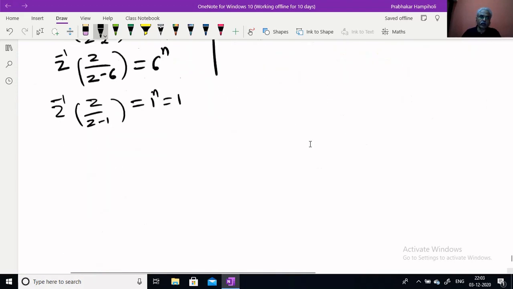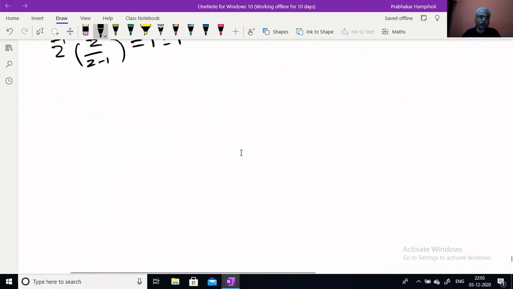Along with this, we had some more list of formulae. We know that Z transformation of n was Z by Z minus 1 whole square. I'm writing the reverse.